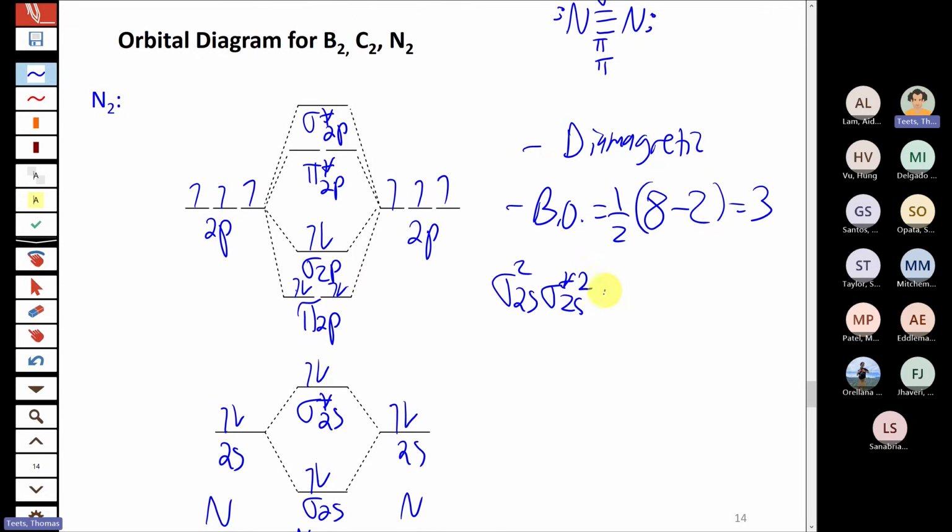And then we have our bonding pi 2p is filled with 4 electrons, 2 orbitals, each with 2 in it. Then our sigma 2p has the last 2 electrons in it. So nothing really, again, surprising about N2 that comes from the molecular orbital diagram. Diamagnetic triple bond, 1 sigma, 2 pi bonds, exactly what we would predict from the valence bond theory.